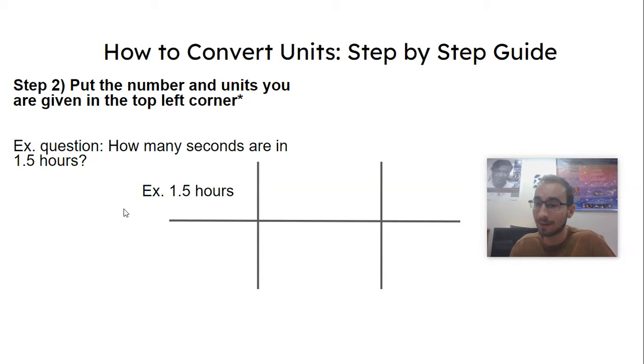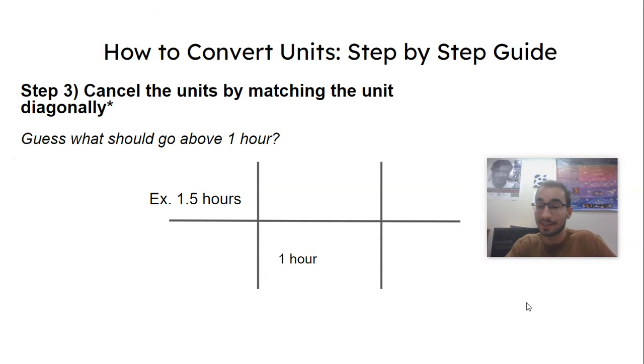So you're going to find out, if you were counting, how much would you have to count to before the class is over, roughly. So you're going to start with 1.5 hours in the top left. That's always the beginning. You put your number in the top left and then the units. Okay, so that's step 2.